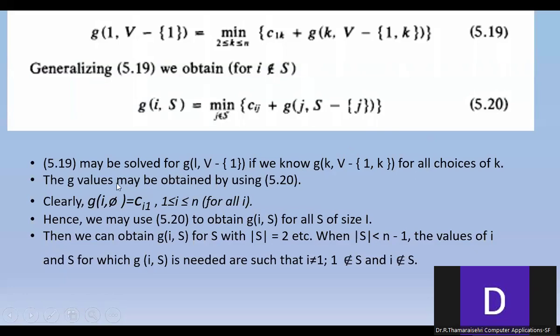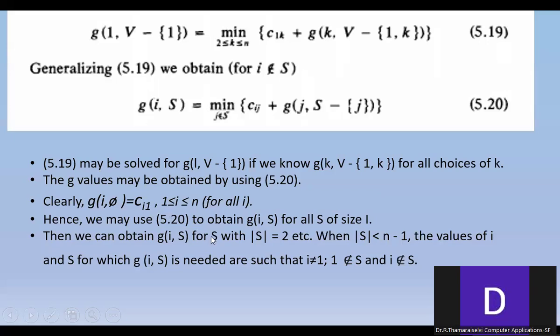It may be solved by using this. We know that for all choices of k, the g values may be obtained by using equation 5.20. Clearly g(i, empty set) is equal to Ci1, where 1 less than or equal to i less than or equal to n. Hence we may use 5.20 to obtain g(i, S) for all S of size 1.